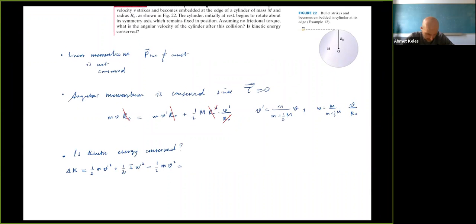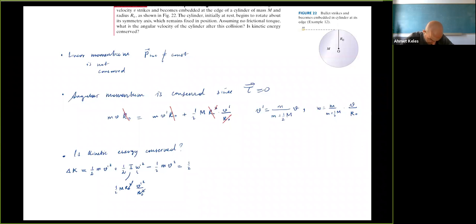If I do this, 1/2 m r0 squared, and omega squared is v prime squared over r0 squared, so the r0 squared cancels.